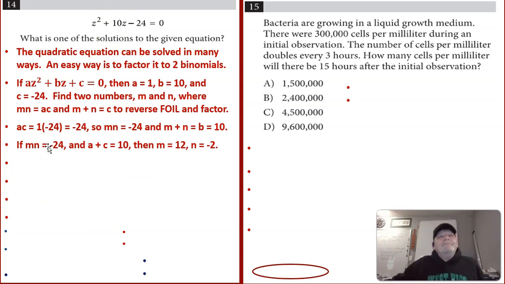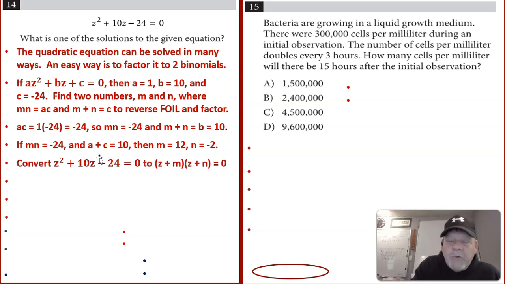So there is my two possibilities. If I take 12 and negative 2 and multiply them, I get my negative 24. And if I take 12 and negative 2 and add them, I get my 10. So my two numbers, my m and n, are going to be 12 and negative 2.